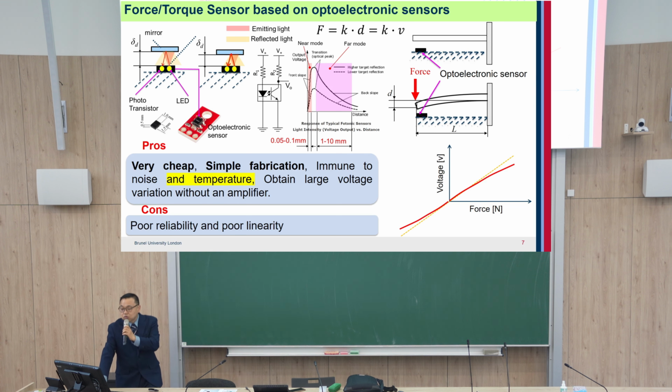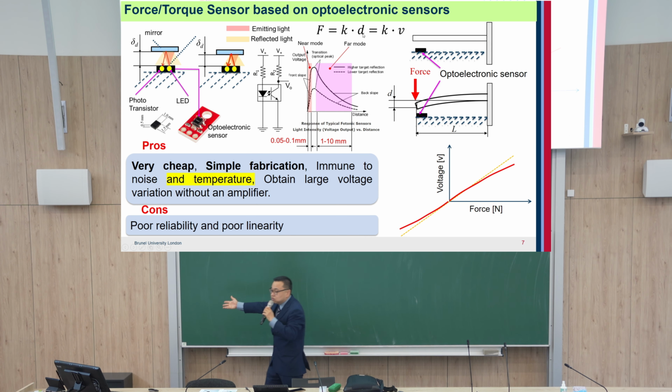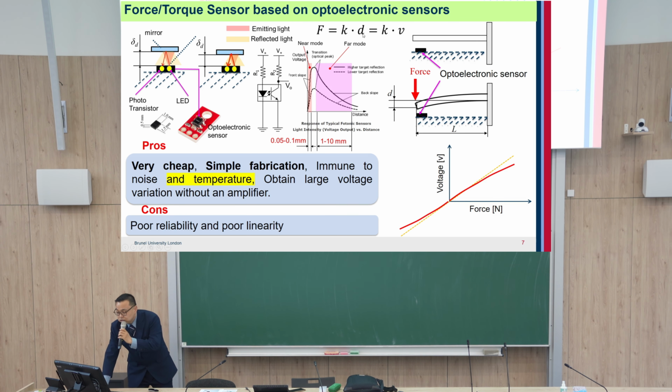So once we know the Young's modulus of this cantilever beam, and D is the amount of deflection, then the deflection can be measured by the voltage of this optoelectronic sensor.